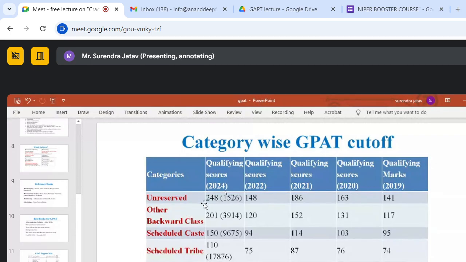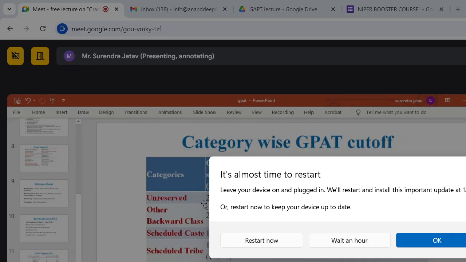They qualified with that. That was the data of 2014. Similar data: qualified unreserved category in 2022 with 180 marks, out of 500.